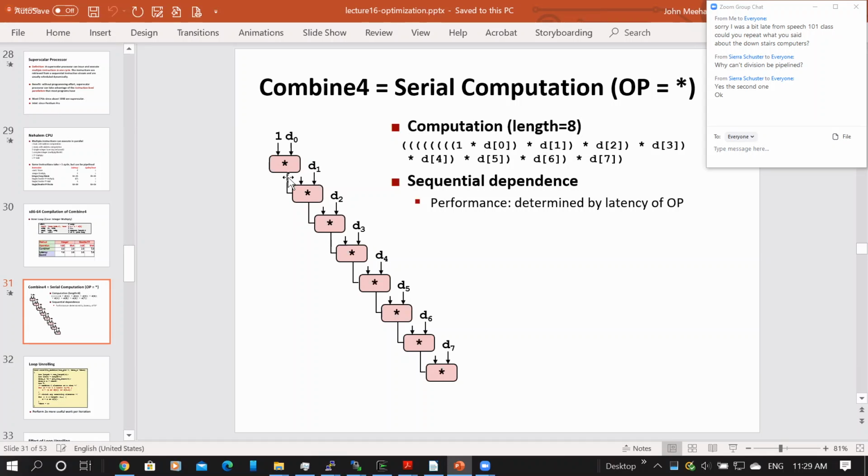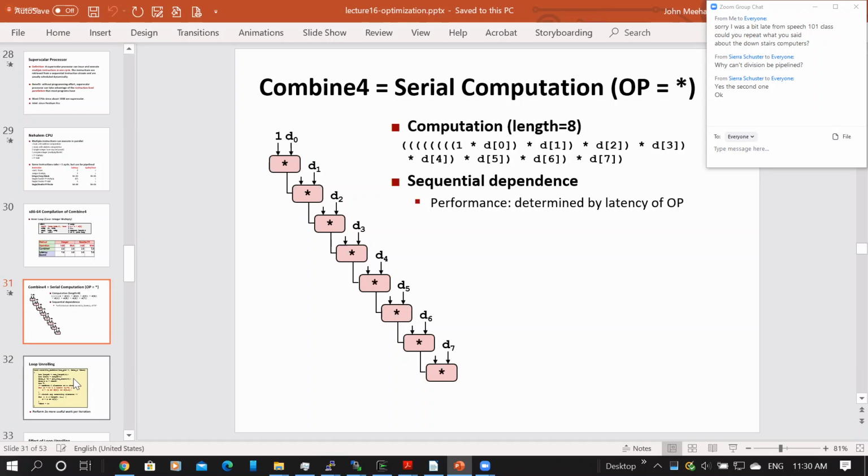So we're waiting at each step along the way. We're waiting for the result of the previous one to finish before we can start the next one. So that is this latency of the 3 pulses of the clock that it takes to do that multiply. I have to sit here and wait, and then I can take my other operand and feed it in with the result of that one, and then have 3 clock pulses. So this is a data dependency. I have to wait for the result of the previous operation before I can begin the next.